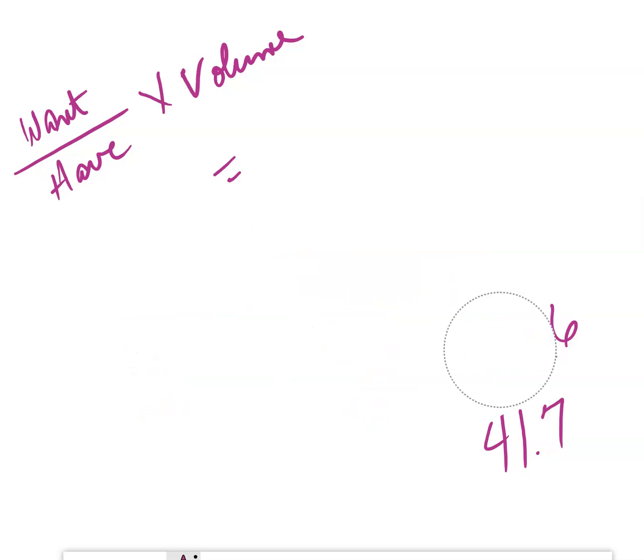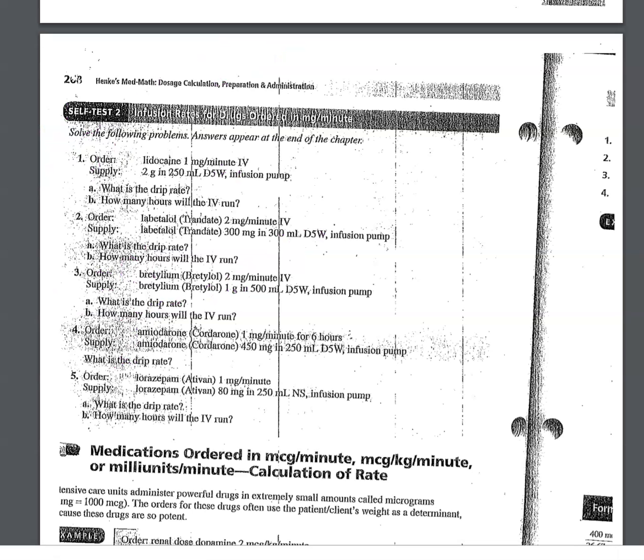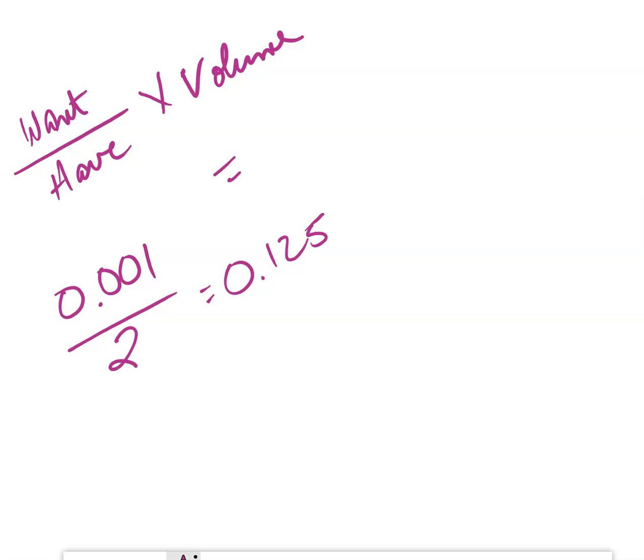I did 0.001 divided by 2, which gave me 0.0005.